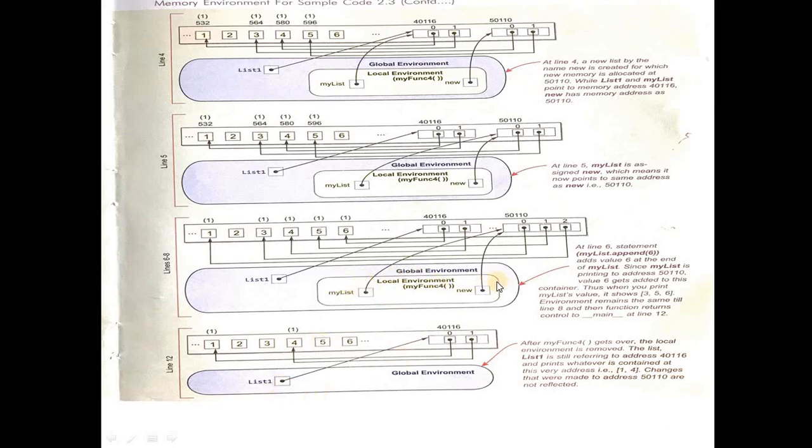All these changes we have made are reflected in my list and new only, and list 1 is the old one. It is storing the zeroth value as 1 and the first value as 4. Coming back to the global environment, when you ask to print, it will print only list 1, which is the unchanged value.